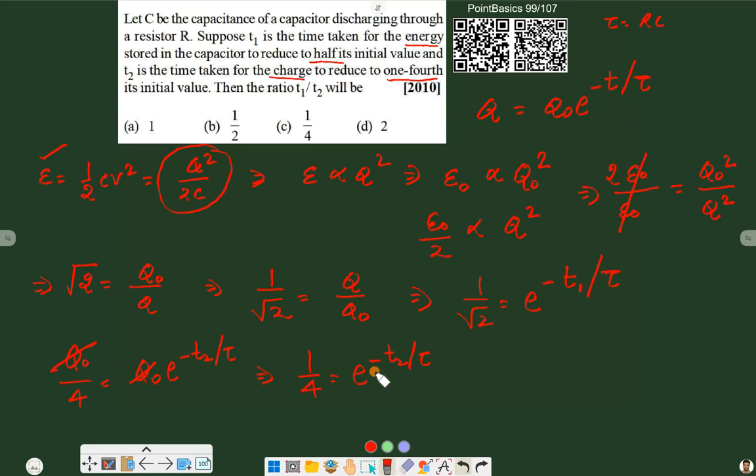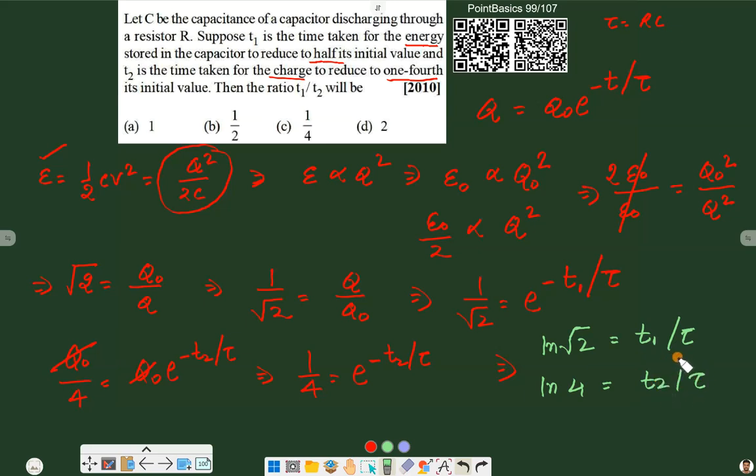Now what we can do, we can take ln of both sides of these. For this equation, we will get ln root 2 is equal to t1 by tau, and for this equation we will get ln of 4 is equal to t2 by tau.